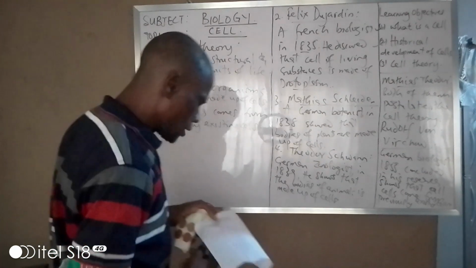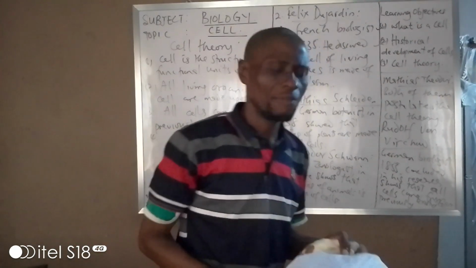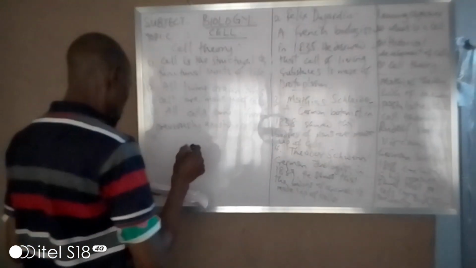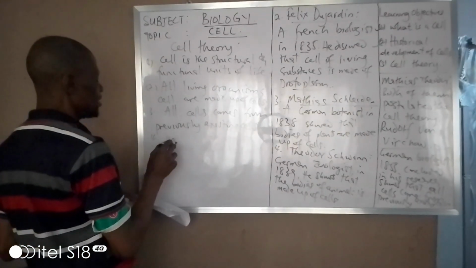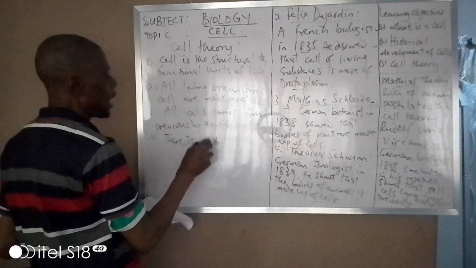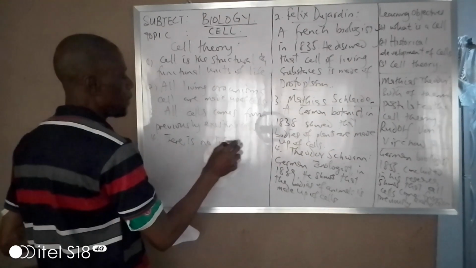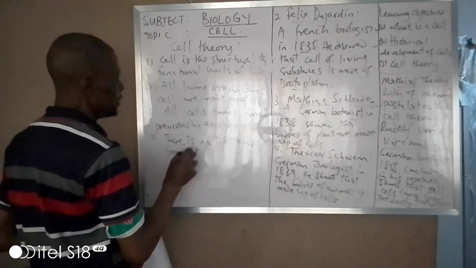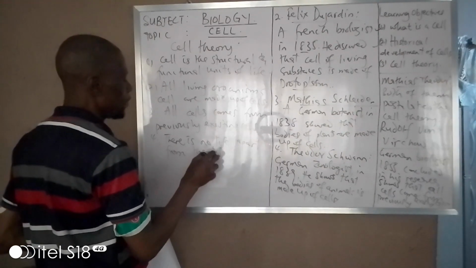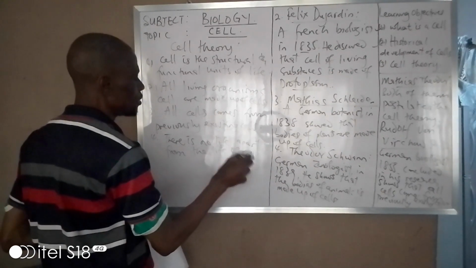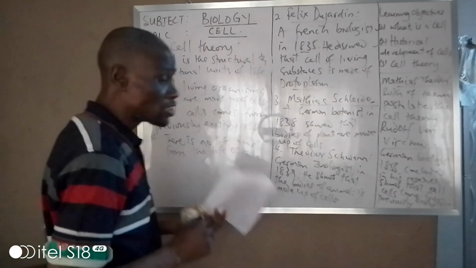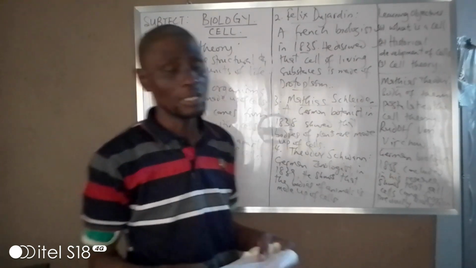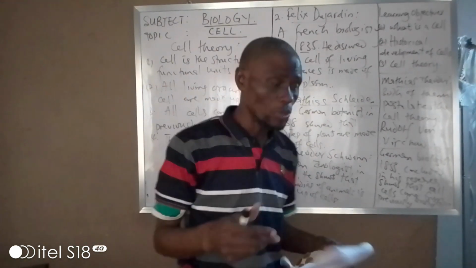Number 4: there is no life apart from the life of a cell. What we are saying here is that if there is no cell, there can never be life. So the cell is the basic thing that we have.